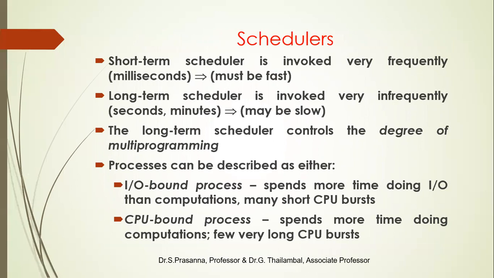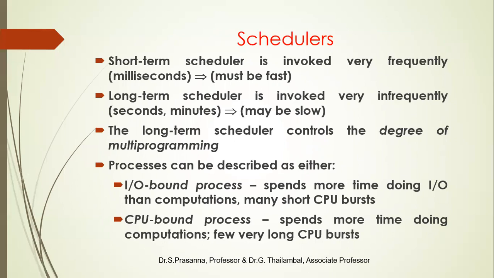The long-term scheduler is invoked very infrequently, that is, in seconds or minutes, maybe very slow. The work of the long-term scheduler is to select the process from the new state to the ready state. This cannot happen frequently, because when it does, the degree of multi-programming is affected.